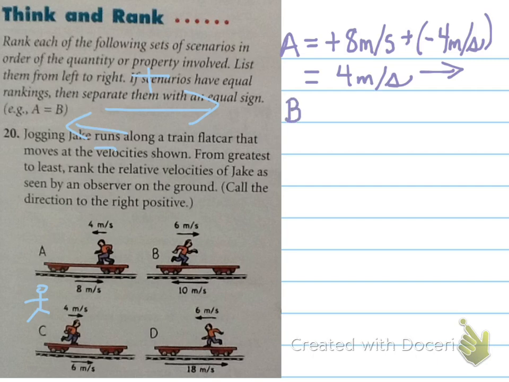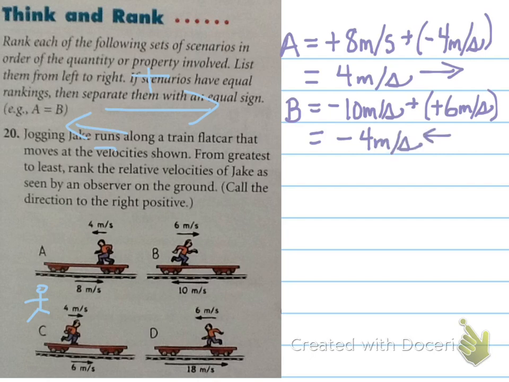In letter B, I have a negative 10 meters per second for the train plus a positive 6 meters per second for the runner. So minus 10 plus 6 is a negative 4 meters per second, which means it looks to me like he's actually moving backwards on that train. He looks like he's moving to the left.